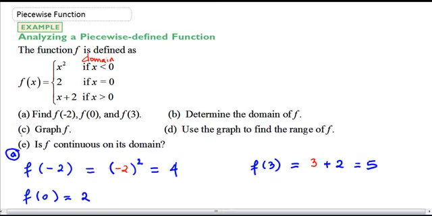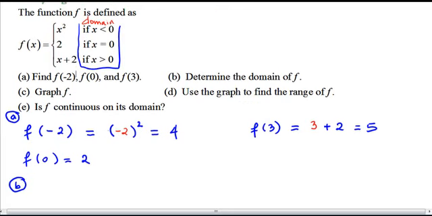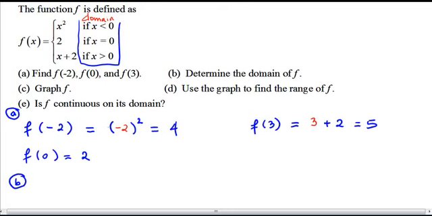Part B asks us to determine the domain of f. Remember, this whole thing here stands for the domain of f. So they ask us to determine the domain of f. The best way to do this is to draw the real number line for x, and here is 0.